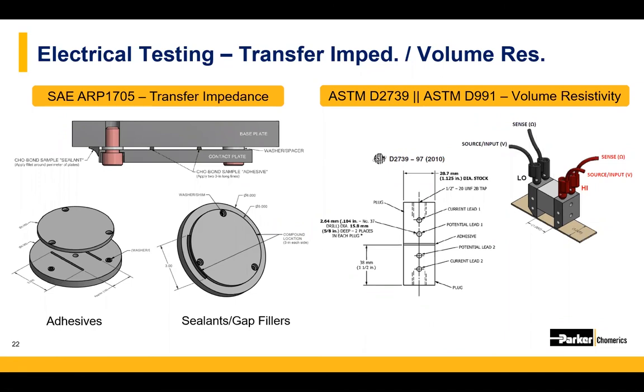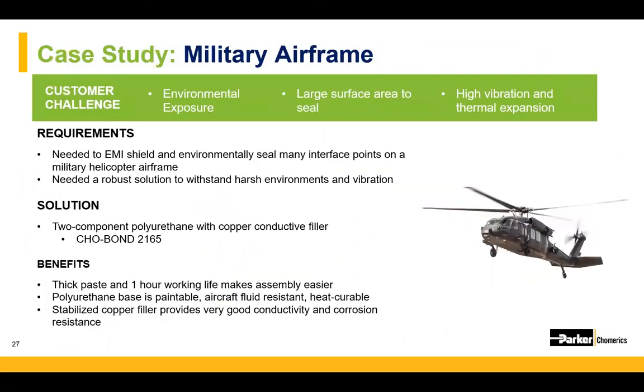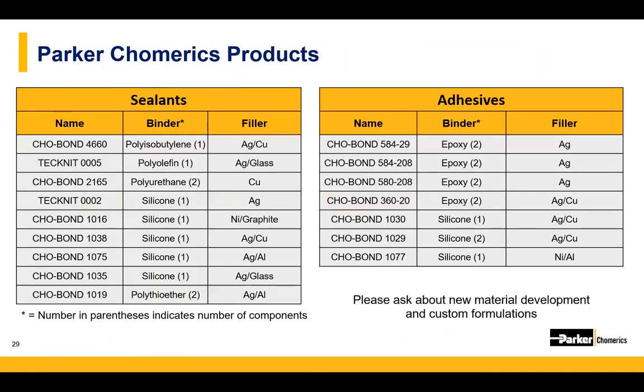Brian, I don't know if you wanted to add to that. Yeah, the only thing that I would add to that is anytime that you have a difference in electrical potential between the conductive filler that's in a sealant or adhesive and your substrate, there's an opportunity for galvanic corrosion. Chomerics does have some compounds. The Coshale 2000 series coatings, for example, have a hydrophobic polymer system that they've been designed with.